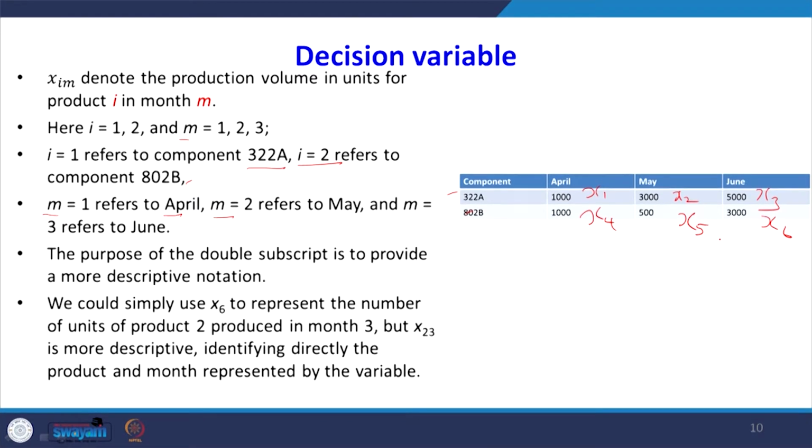But X23 instead of X6 is more descriptive, identifying directly the product and month represented by the variable. That is why we should go for double subscript, which provides more clarity on the decision variables.